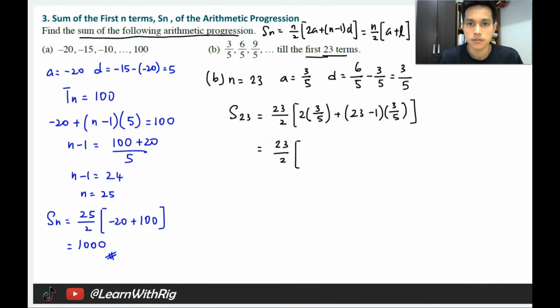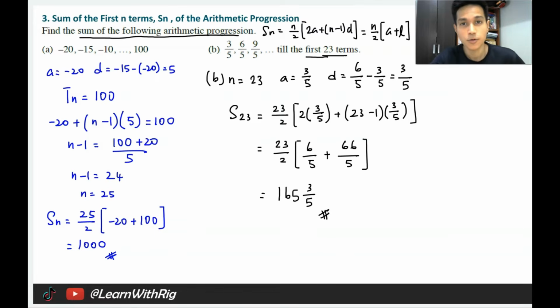You should get 6 over 5 plus 22 times 3, which is 66 over 5. Just use your calculator and you should get 1653 over 5. This is your answer, the sum of the first 23 terms. Alright, now let's look at the next question.